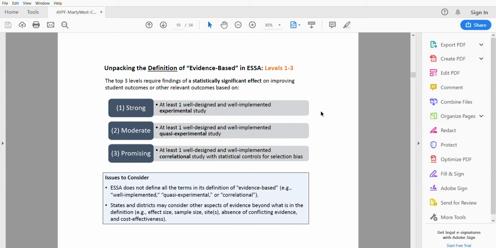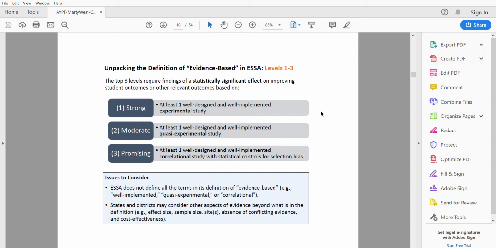So if there's a program that has at least one well-designed and well-implemented experimental study in support of it, then it falls into the strong tier. Slightly below that, ESSA defines a moderate tier. A program with moderate evidence is supported by at least one well-designed and well-implemented quasi-experimental study. This is a term that is not clearly defined in ESSA among some of these other terms.